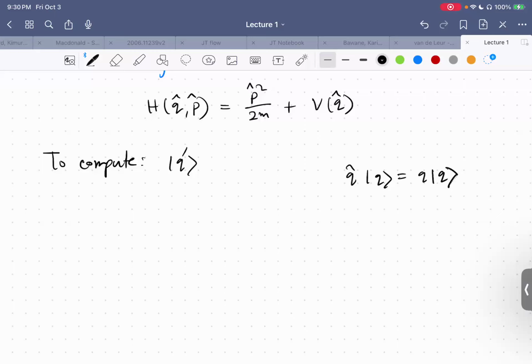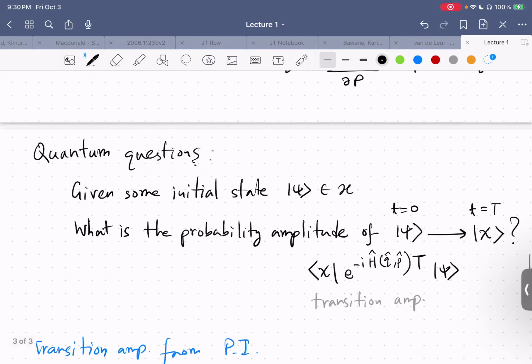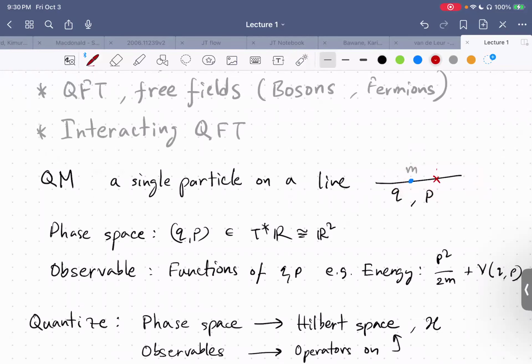Let's say maybe this is better. So these are q primes, so that I don't confuse them with Qs. q prime is just a particular number that refers to a particular location on this line. So maybe this is q prime, and maybe another location is q double prime.